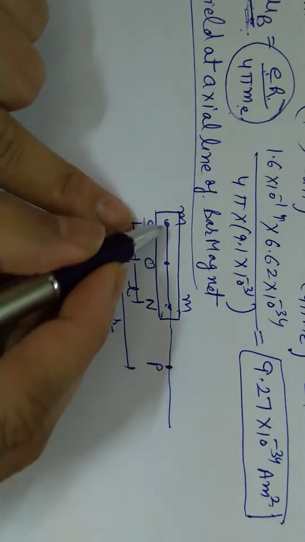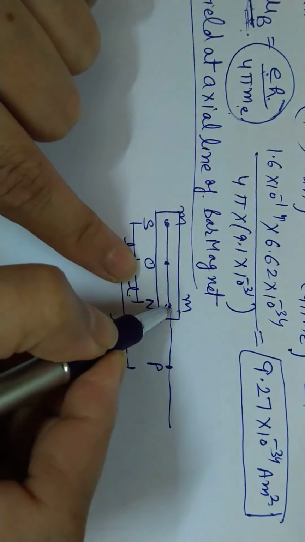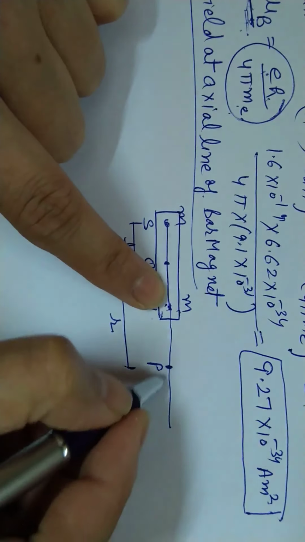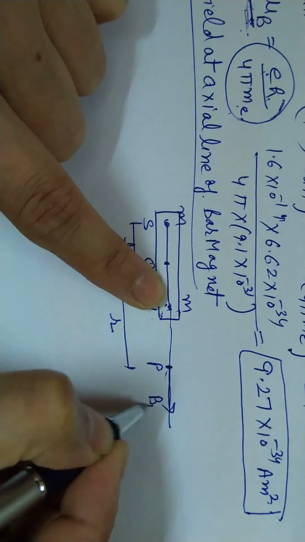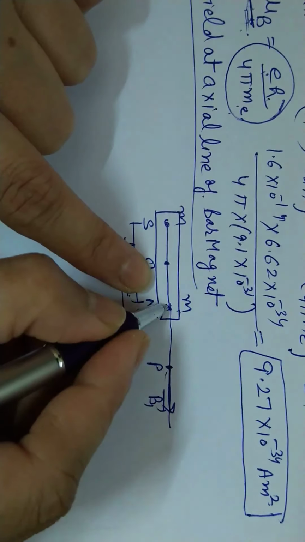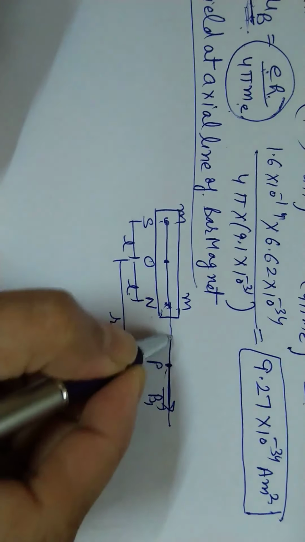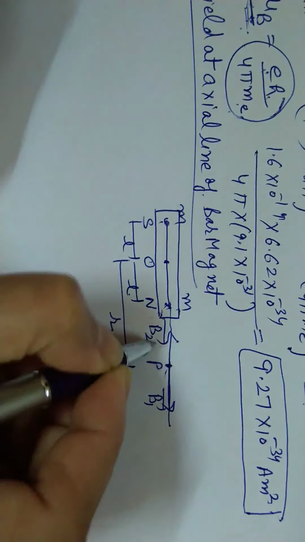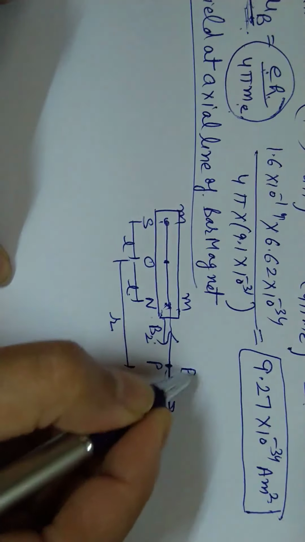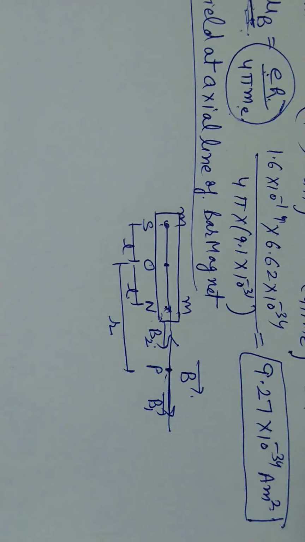Due to the north pole, B1 is the magnetic field, of large magnitude because it is the nearer pole, and due to the south pole, in the opposite direction, is B2. And what about the axial line? That is the resultant B vector, similar to electrostatics.